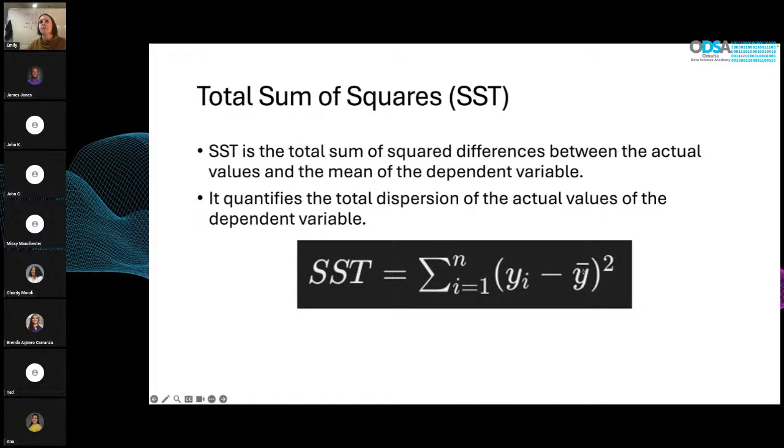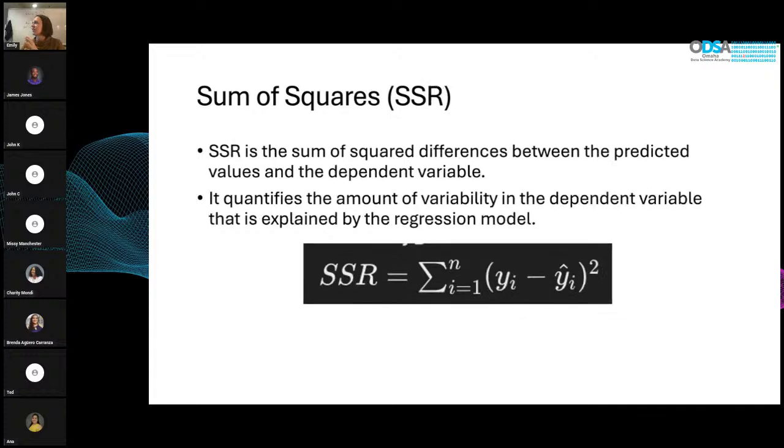So if you had a bunch of house prices, the average house price might be $50,000. It's probably not the average house price, houses are expensive, but that would be your average. So you would take every prediction from the average, and that is your denominator.